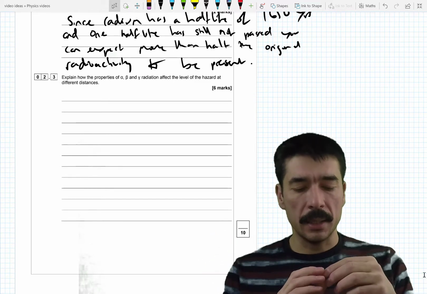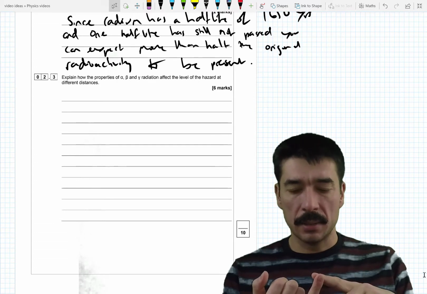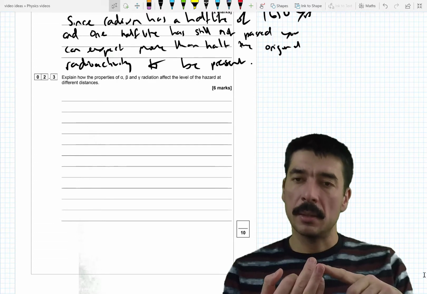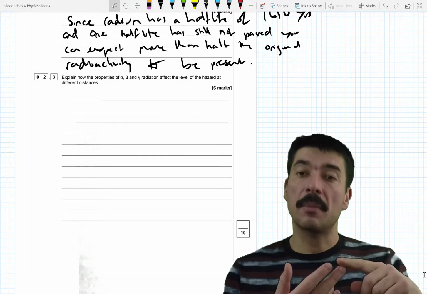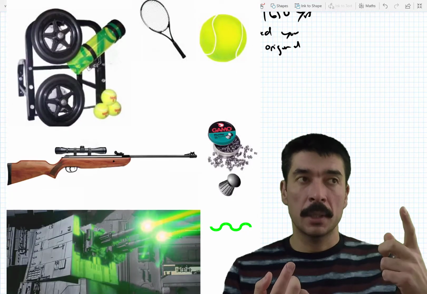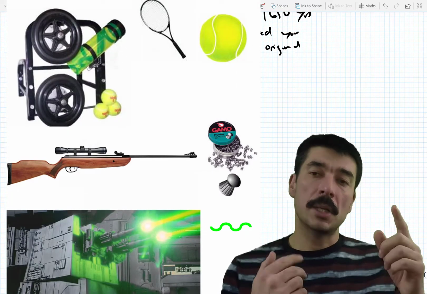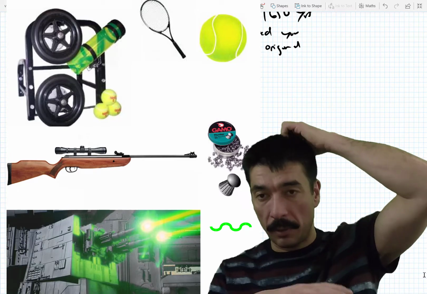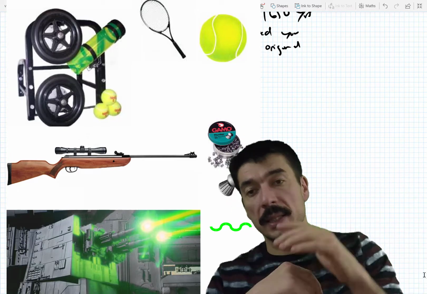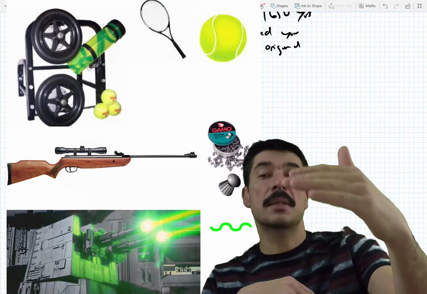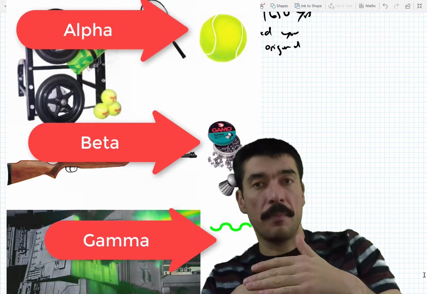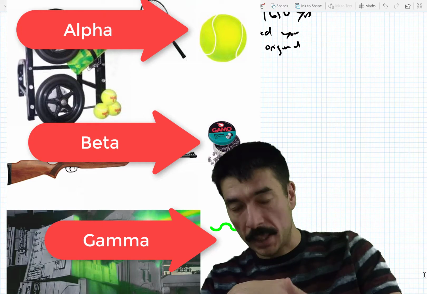So gamma is the least ionizing, then beta is the next most ionizing, and the most ionizing is alpha. Usually these things follow a pattern with the three types of radiation. Either alpha's the most, then beta's next, and then gamma's the next one down the list.